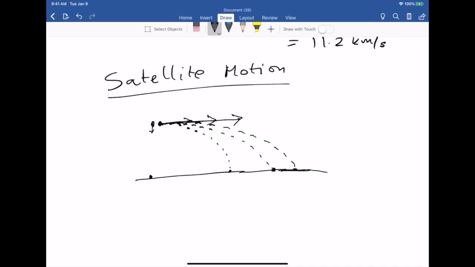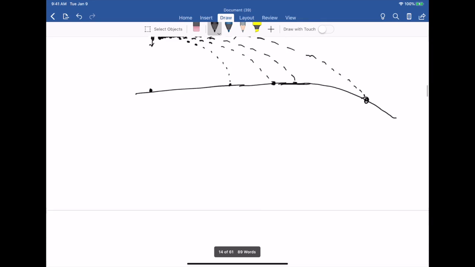The Earth is actually curved, and so if I increase the horizontal velocity even further, then there will be a point when the curvature of the Earth will start to play a role, and the ball will have to travel a little bit longer in order to hit the ground just because the Earth is curved underneath it while it was moving horizontally. So in that case, it will take a little bit longer to hit the ground, right?